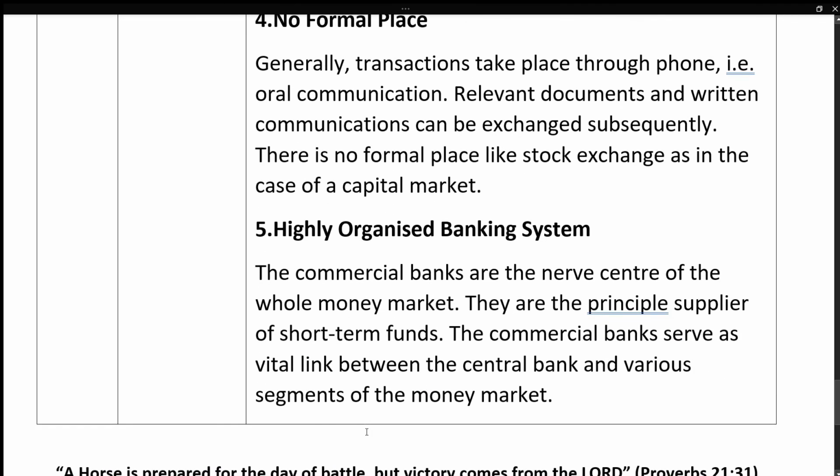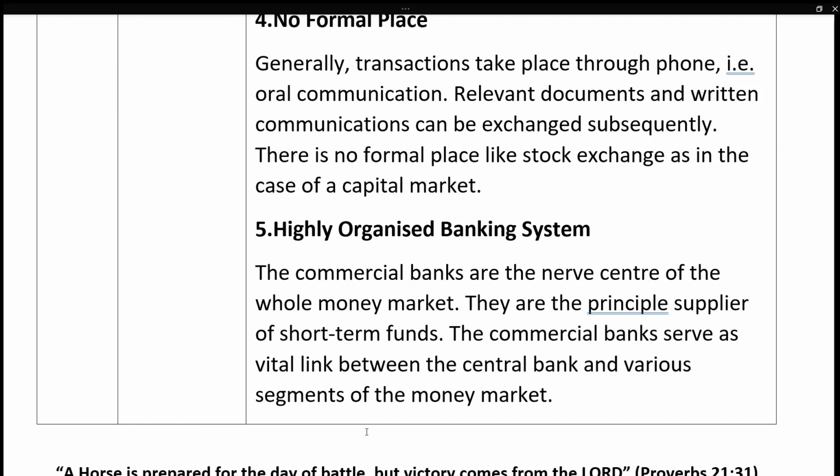It is a highly organized banking system. Here in the money market, commercial banks are the nerve center for the whole money market. So they are the principal supplier of short-term funds, and the commercial bank is a link between the central bank and the various segments of the money market.